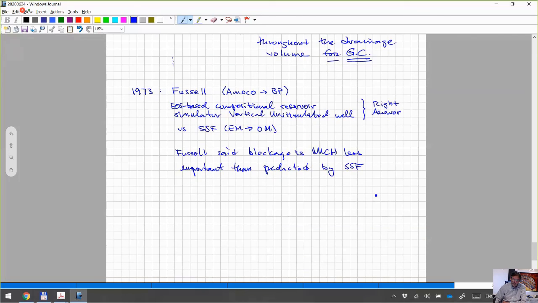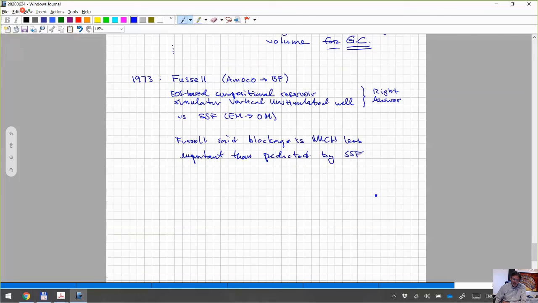When you say less important, what does it mean? Well, how should I put it? Maybe the well rate was 2, 3, 4, 5 times less than what the model said. Oh, okay. So 2 or 3 times at least.